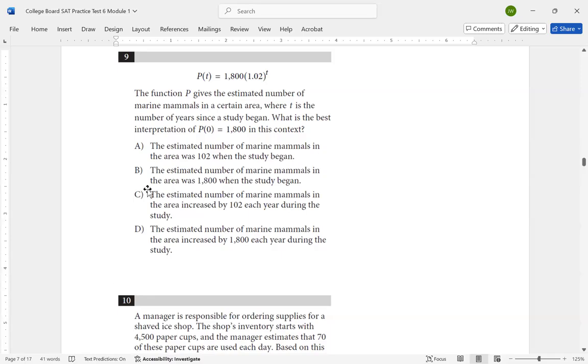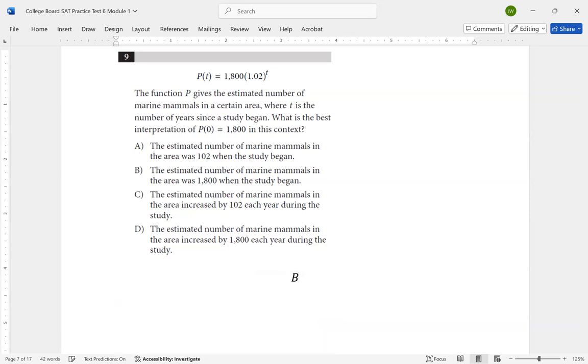And therefore, we're looking at answer B there. The estimated number of marine mammals in the area was 1,800 when the study began. So B is the correct answer to question number 9.